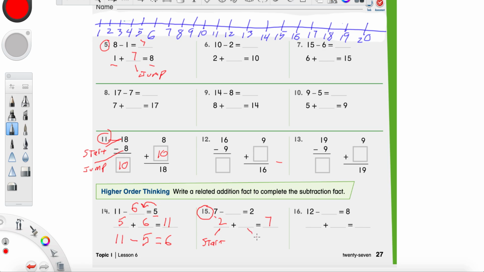And we just need to find our jump friend. That's it. So make a dot on 2. Make a dot on 7. Count the jumps. 1, 2, 3, 4, 5. 5 jumps, so our missing number is 5.